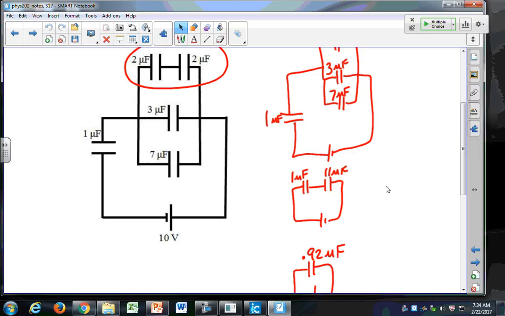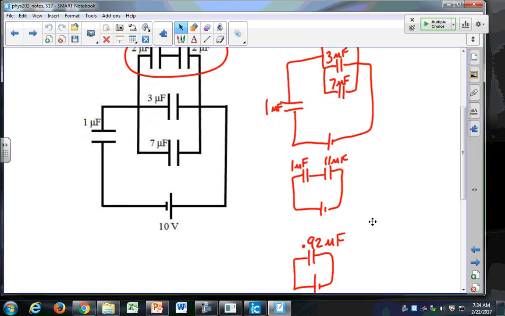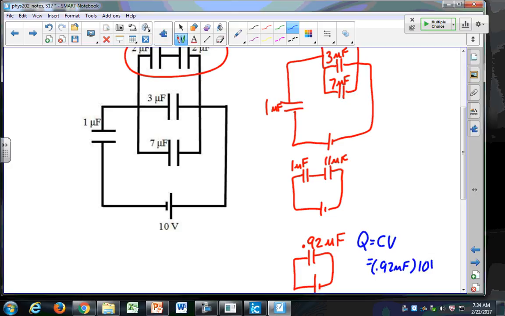So let's do it. First, we're going to find our charge on this equivalent capacitor. Q is equal to C times V. That's going to be 0.92 microfarads times 10 volts, or 9.2 microcoulombs. So that means I have 9.2 microcoulombs here and 9.2 microcoulombs here.